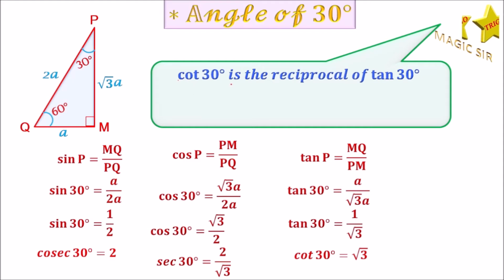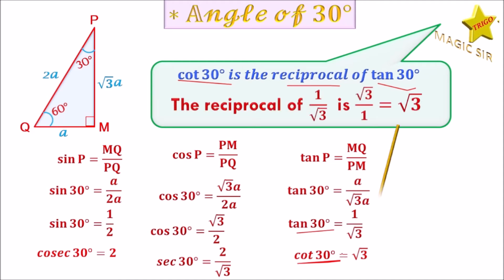We know that cot 30 is the reciprocal of tan 30. That is, tan 30 and cot 30 are the reciprocal of each other. So the reciprocal of 1 upon root 3 is root 3 upon 1, which is equal to root 3.